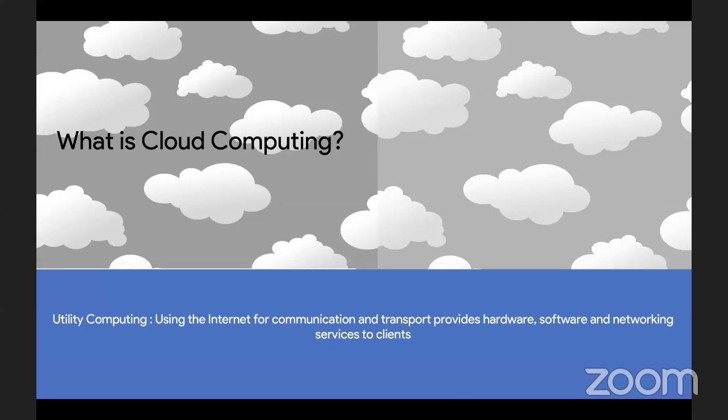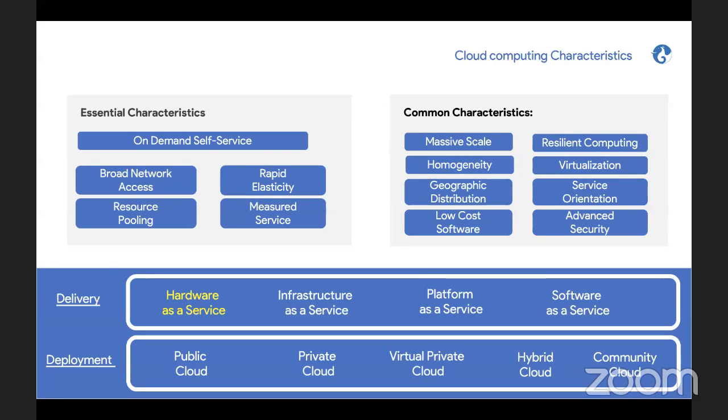In simple terms, that is it. What goes behind computing is software and hardware. So they had to make a utility model to ensure the software, the hardware, the network and the storage all become a utility. So whatever you use, you pay. That was the model these companies created.